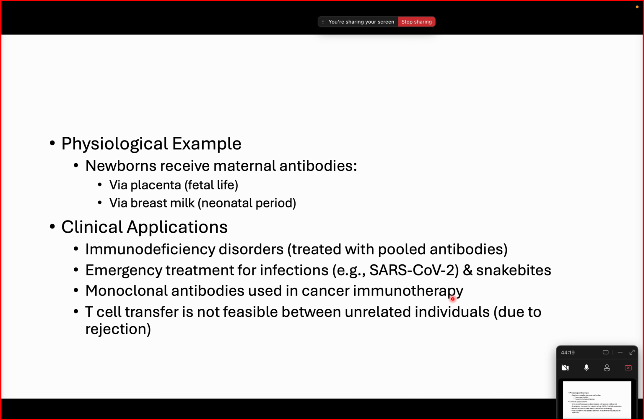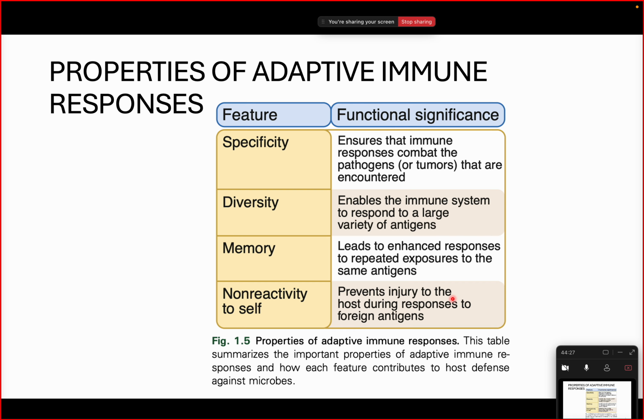You might have seen this in the current week's lecture, where idiotypic, allotypic, and other immunoglobulins were discussed. Some of the properties of the adaptive immune response include specificity, diversity, memory, and non-reactivity to self.